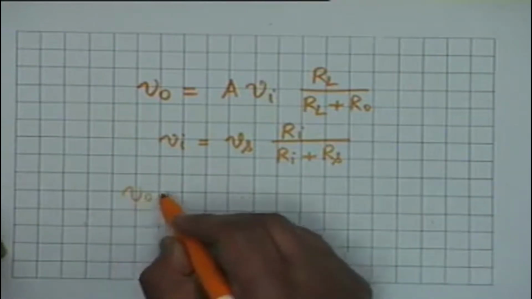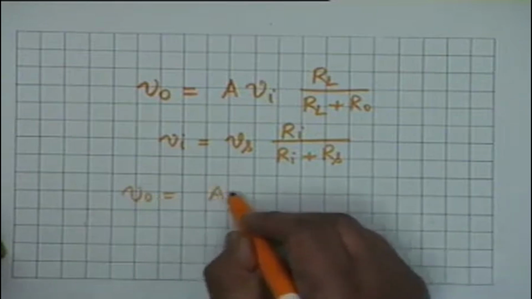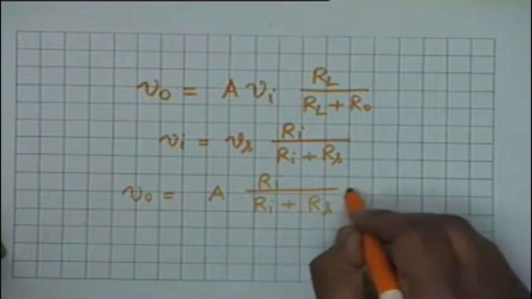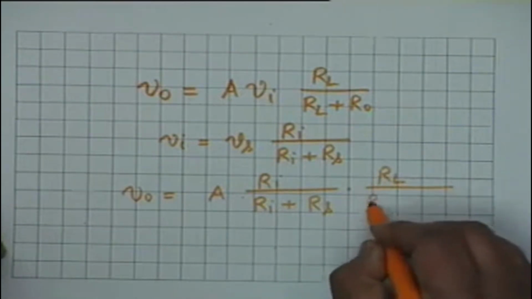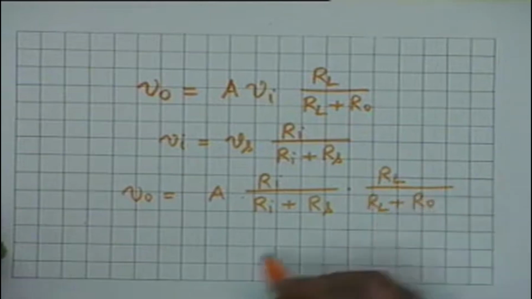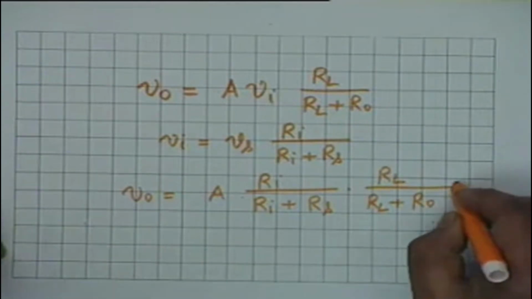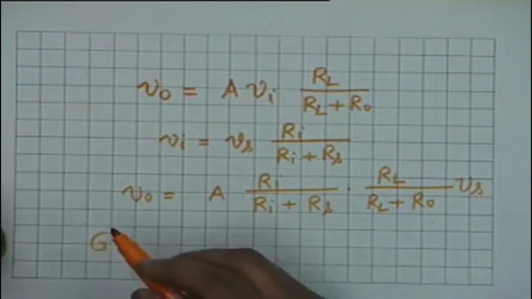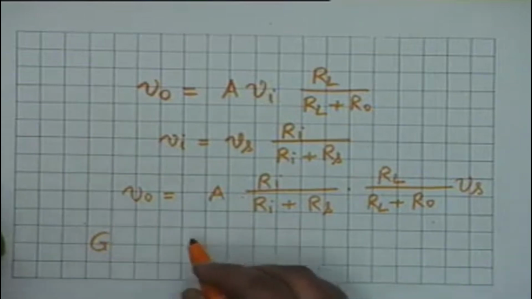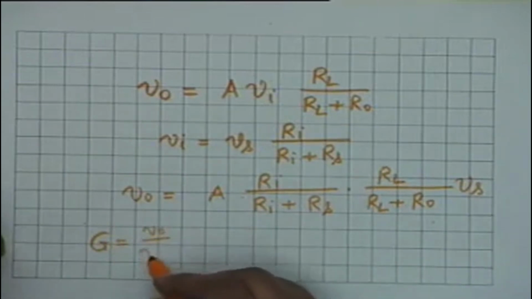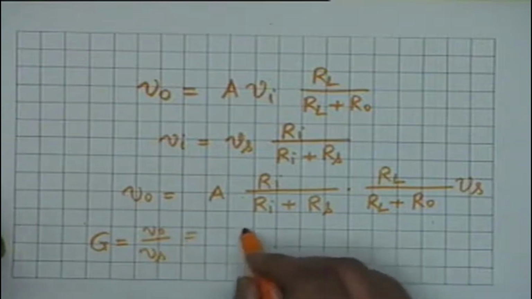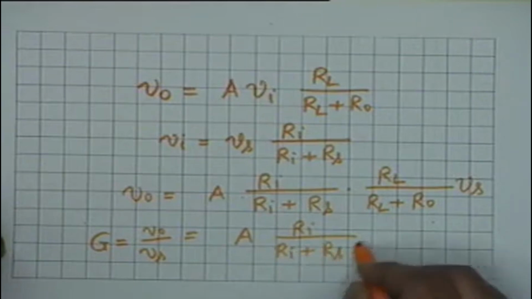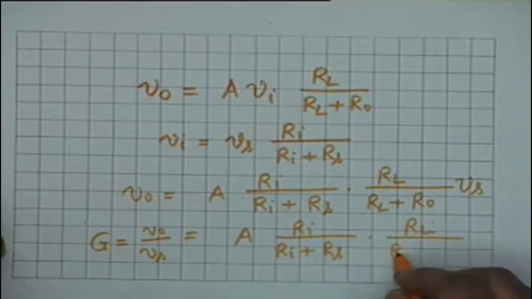Therefore V0 is equal to A Ri divided by Ri plus Rs multiplied by RL divided by RL plus R0, and this multiplied by Vs. Therefore, the gain G of the real amplifier, which is equal to V0 by Vs, is given by A times Ri divided by Ri plus Rs times RL divided by RL plus R0.